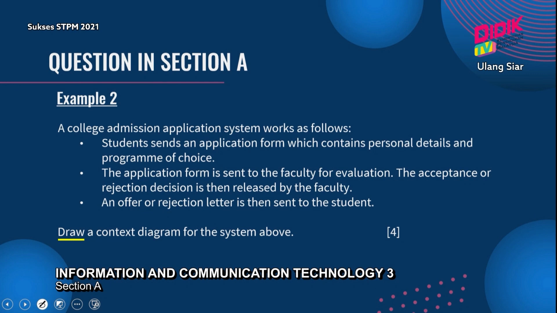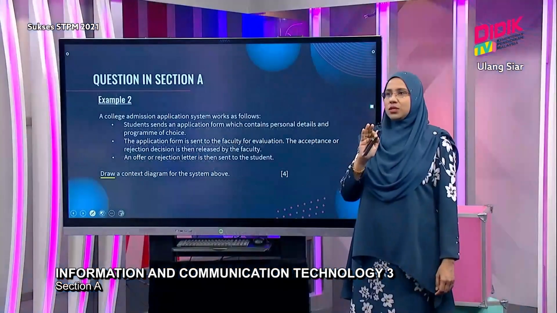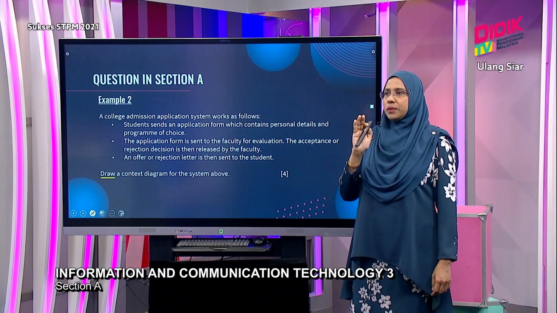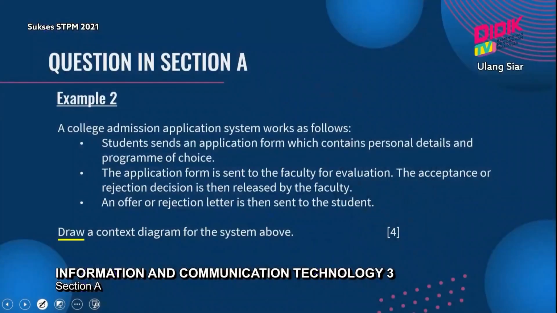The student sends an application form which contains personal details and program of choice. The application form is sent to the faculty for evaluation. The acceptance or rejection decision is then released by the faculty. Next, an offer or rejection letter is sent to the student. So very clearly we can see the flow.